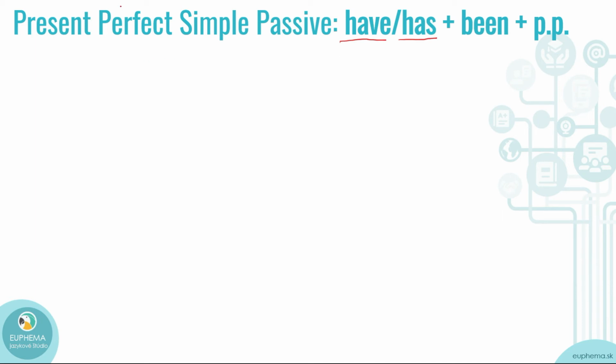You can be sure that whenever you see perfect tense, perfect simple, perfect continuous, present perfect, future perfect, there always has to be have or has, right? So in passive, we have to use not only have or has, but also been. So have been plus past participle.